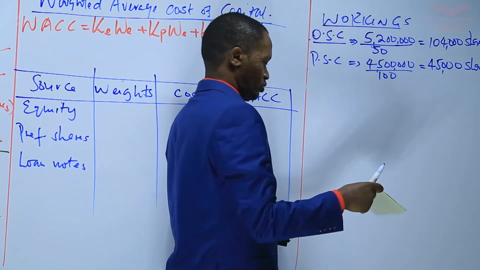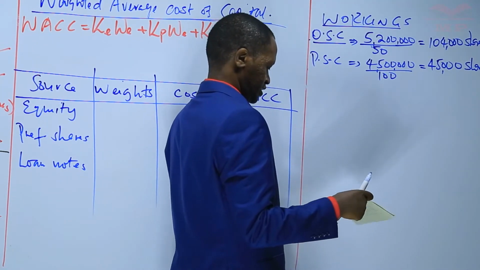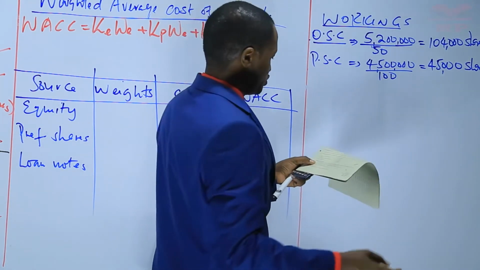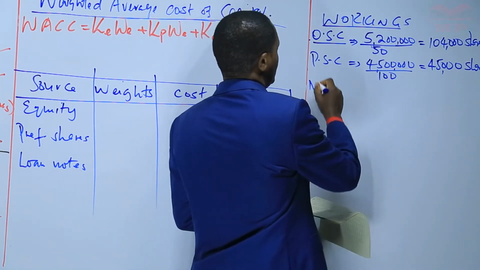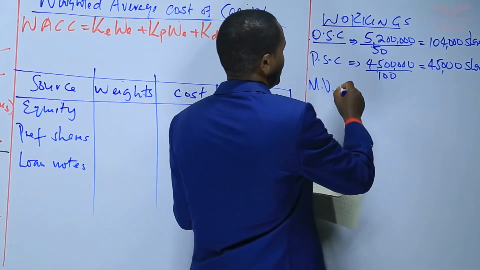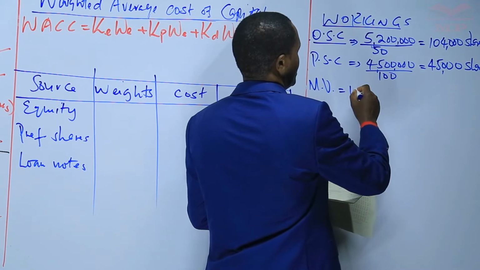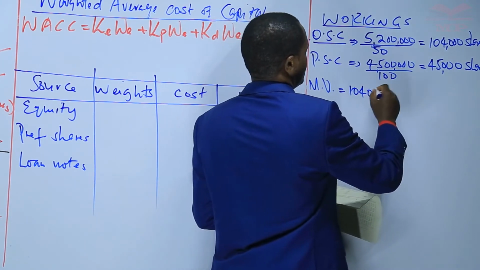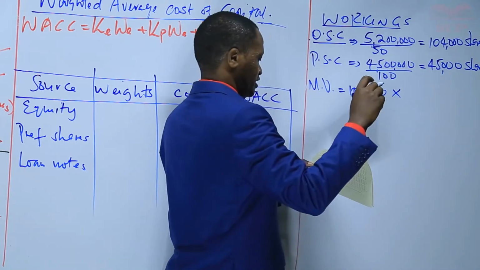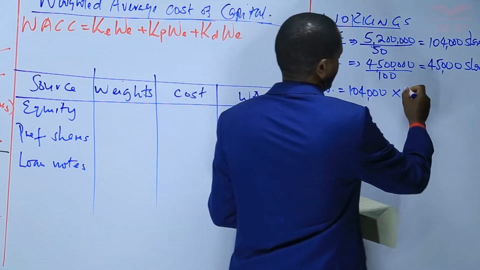But we read in note number 1 that ordinary shares are quoted at 80 shillings per share. So to get the market value of ordinary shares, we'll multiply the number of shares, 104,000 shares, times the 80 shillings per share.